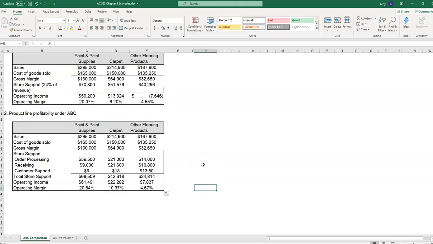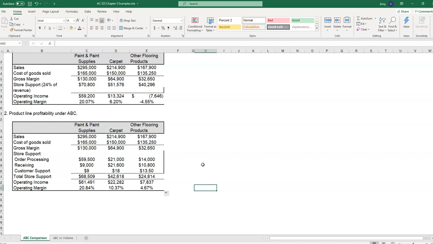So what we see is that if we use activity-based costing, our other flooring products is no longer operating at a negative. In fact, they're bringing in 4.67% of the income. We have a different allocation of costs. We use a little bit more for paint and supplies.